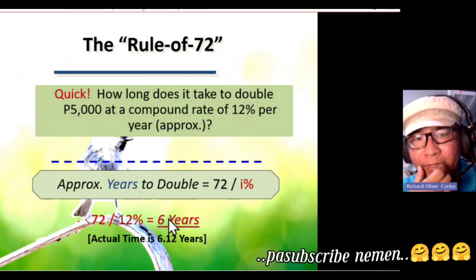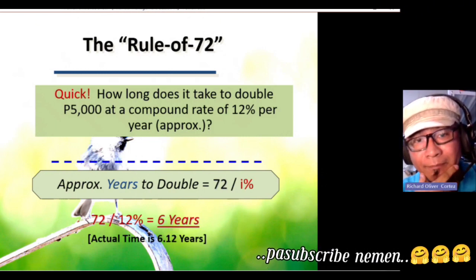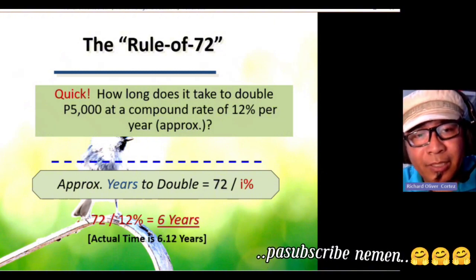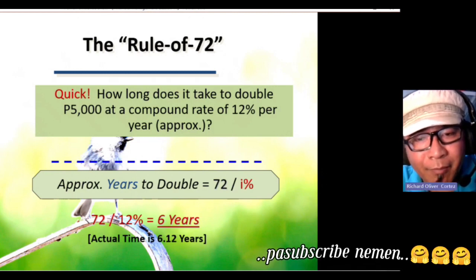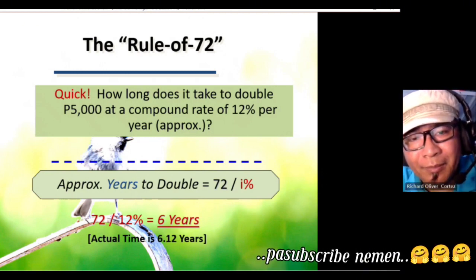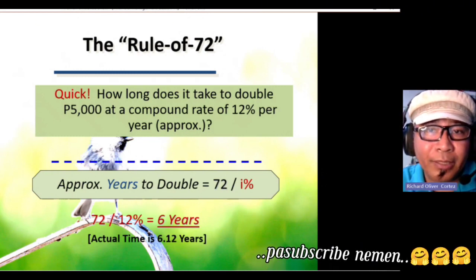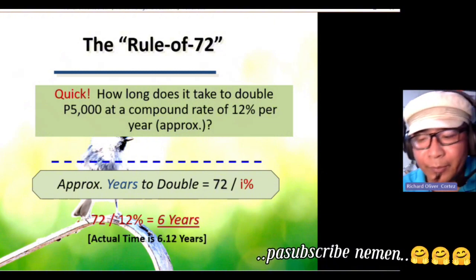So you can estimate, 6 na taon pala, ang pera ko doble na. Yeah, you're being encouraged to invest na doble, di ba? 6 years, doble na ang pera mo. Di ba? So, using the rule of 72. Okay, so very quickly, you can use this formula.